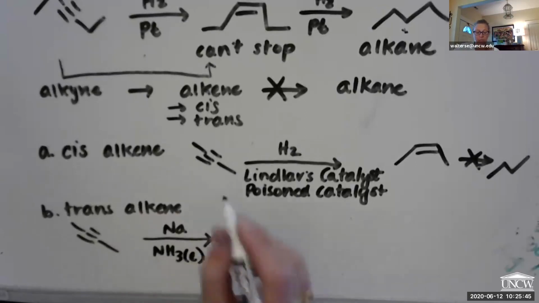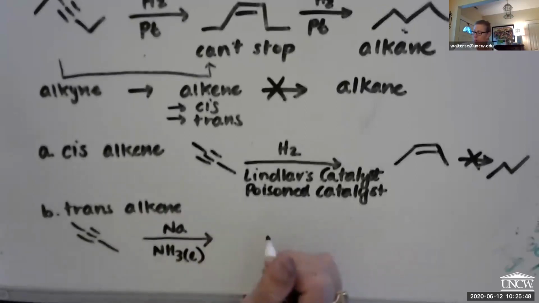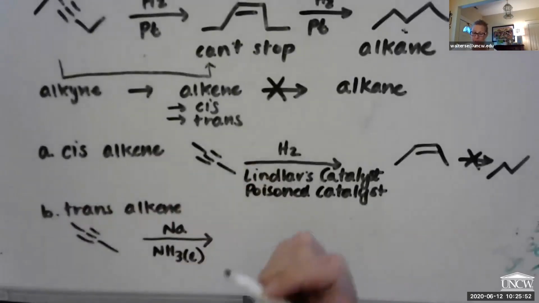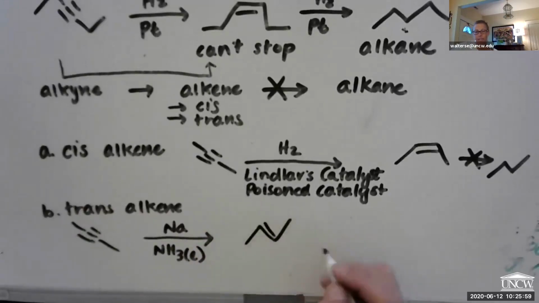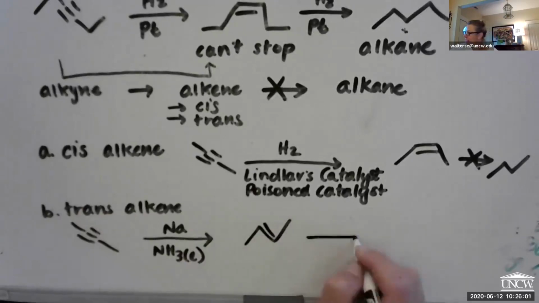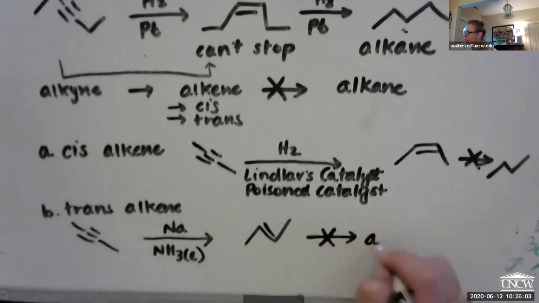These are usually below 0 degrees Celsius. So they're very cold. The boiling point of ammonia is pretty low. So these are under cold conditions, and you make a trans alkene, and you don't go further to the alkane.